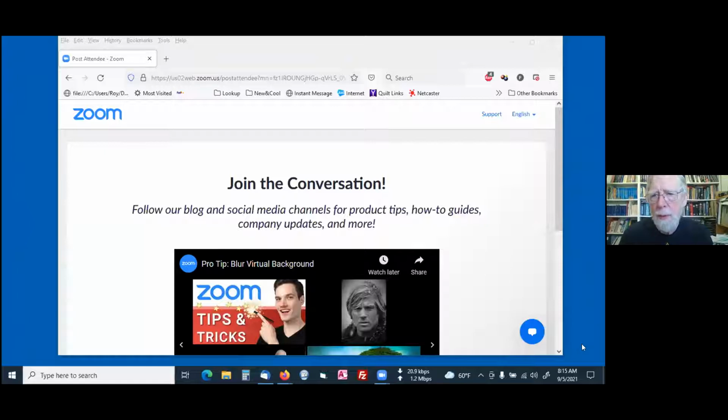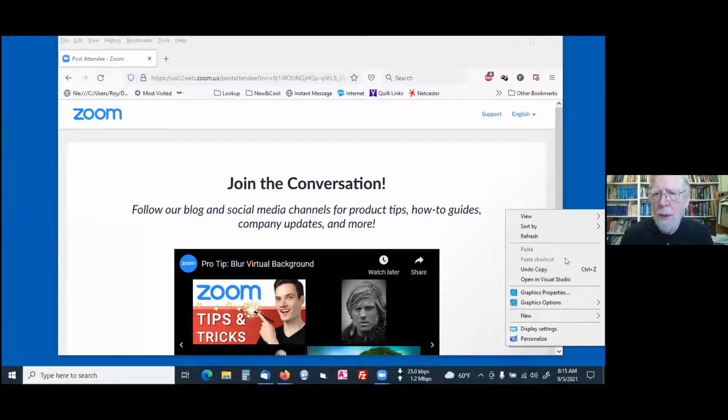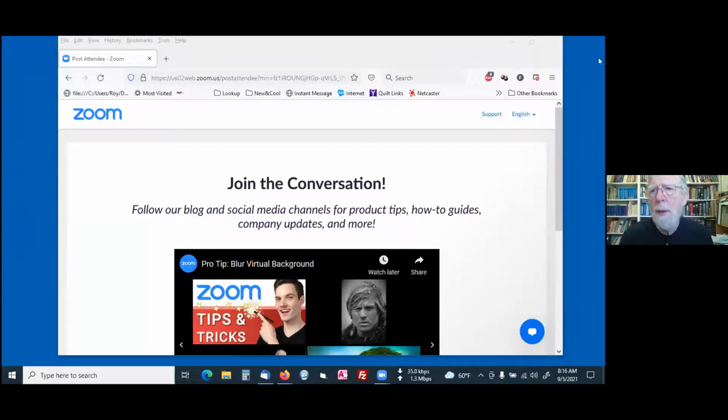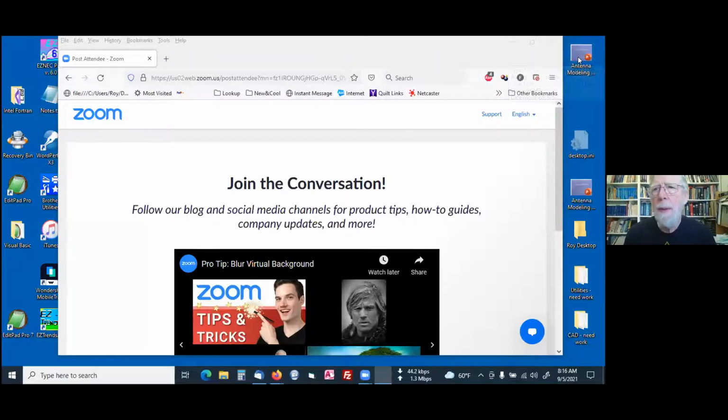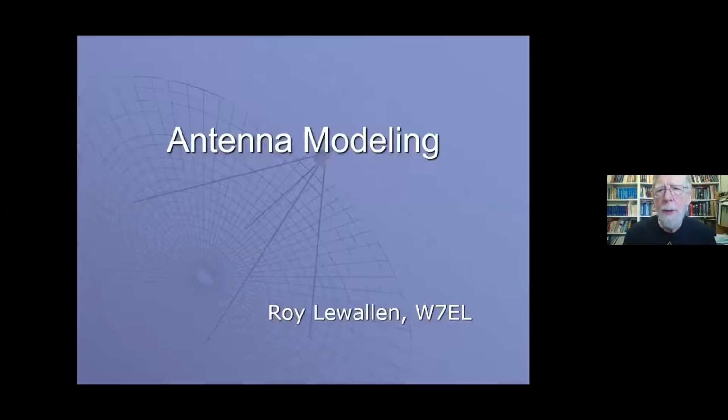Okay, good enough. If I did it too quickly, I need to start up my PowerPoint before I turn off my icons. Okay. There we go. Now, can you see this screen? Can somebody please let me know? We can, Roy, yes. Okay, good. I've got an awful lot of other stuff on here besides the main screen antenna modeling logo. I assume that nobody else is seeing that.